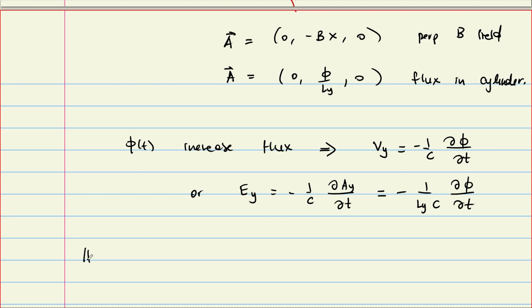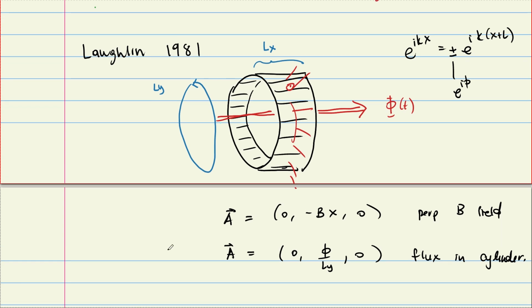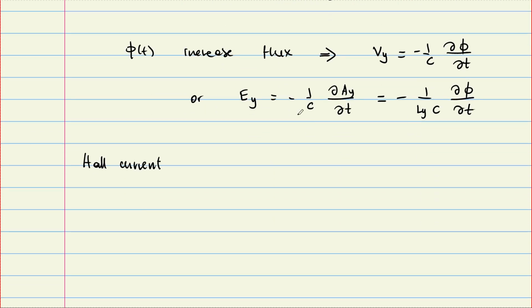And I am interested in Hall current. Hall current is the current perpendicular to the electric field. In this geometry, electric field is around the perimeter, and Hall current is going to be along the axis of the ring. So J, in this case, is going to be along x, sigma xy, and Ey. Along x?